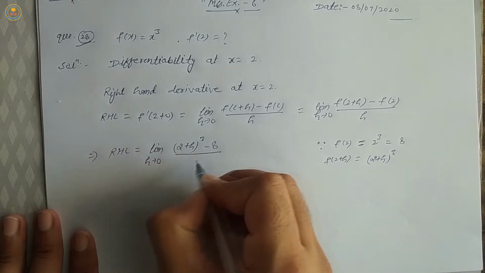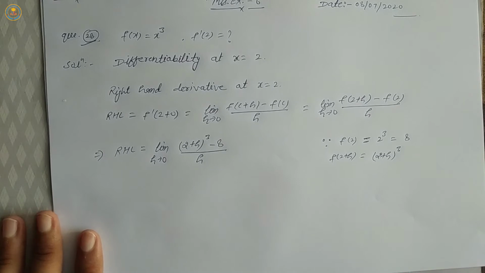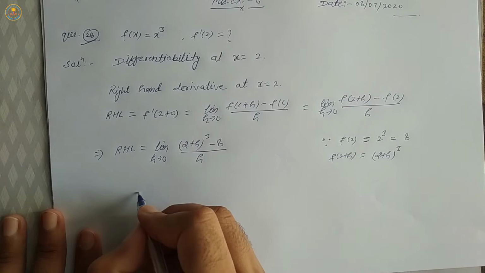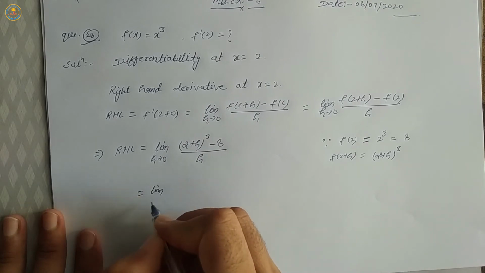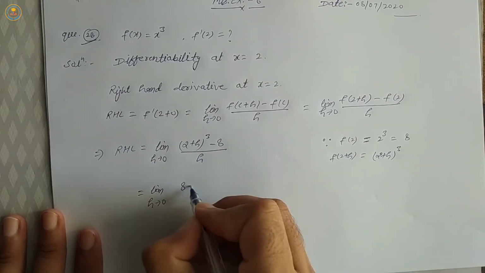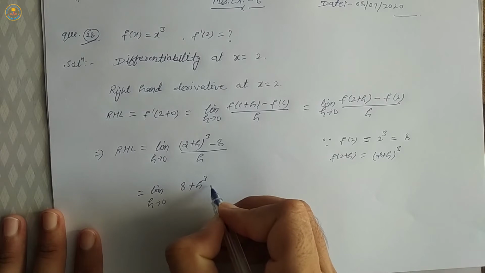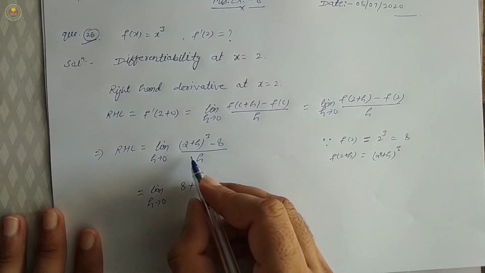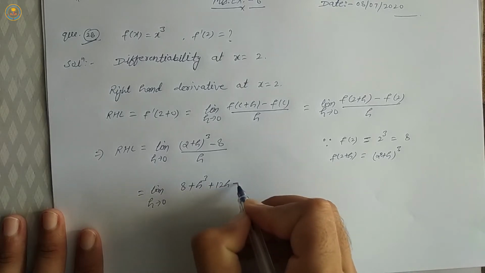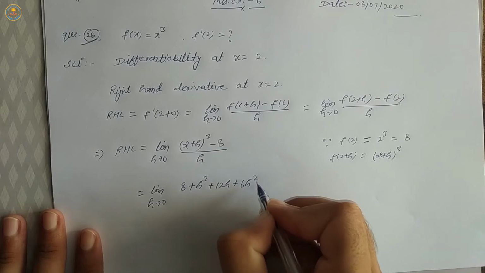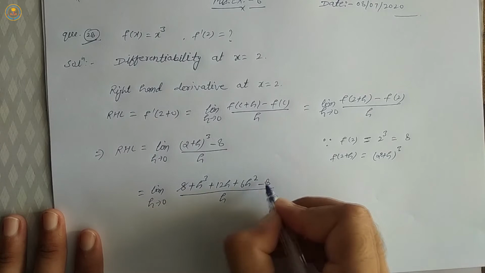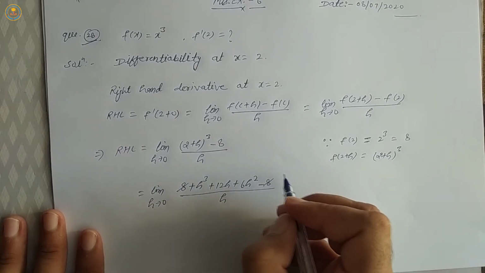minus 8 by h. Apply the formula a plus b whole cube, equal to limit h tends to 0, 2 cube that is 8 plus h cube plus 12h plus 6h square minus 8 by h. 8 cancel out.